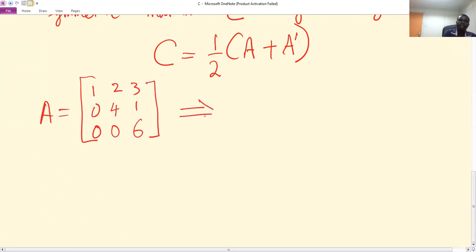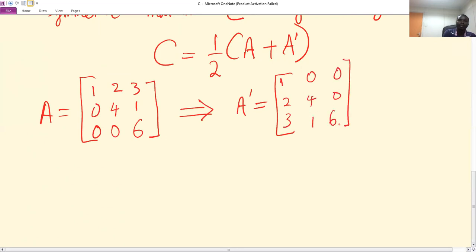So this implies that A transpose is given by 1, 0, 0, 2, 4, 0, 3, 1, 6. So the symmetric matrix C will be given by a half of the sum of these two matrices.